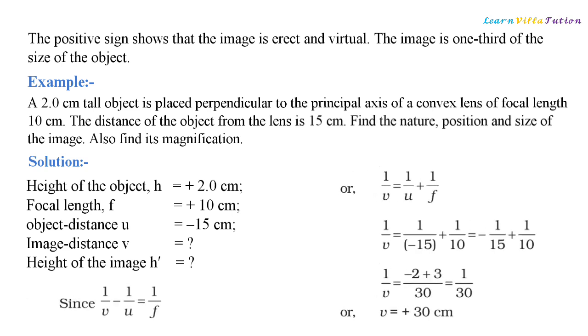Applying the lens formula, since 1 upon v minus 1 upon u is equal to 1 upon f, or 1 upon v is equal to 1 upon u plus 1 upon f, putting the given value, 1 upon v is equal to 1 upon minus 15 plus 1 upon 10 is equal to minus 1 upon 15 plus 1 upon 10. Now 1 upon v is equal to minus 2 plus 3 upon 30 is equal to 1 upon 30. Or v is equal to plus 30 centimeter.